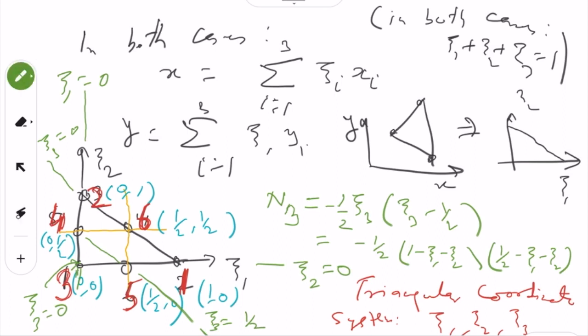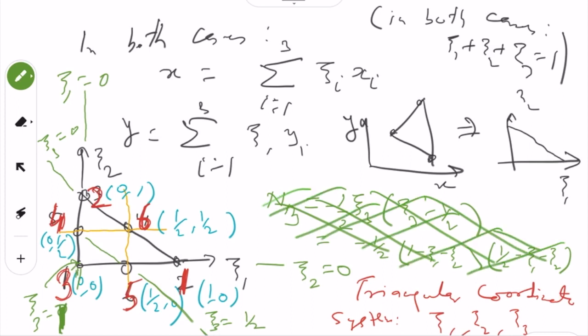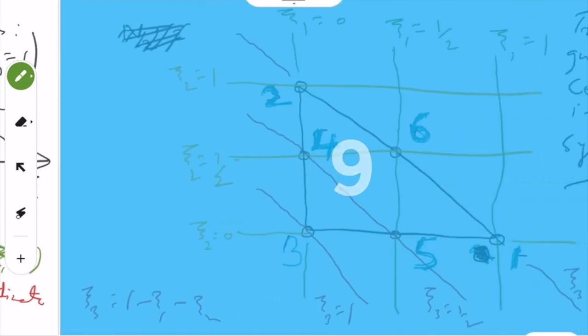One more thing is xi3 has to be 1 here, it will not be. So xi3 is 0 here, this is xi3 equal to 0, xi3 equal to half, xi3 equal to 1. So let me strike it out. So I think this is also not correct. So yeah.